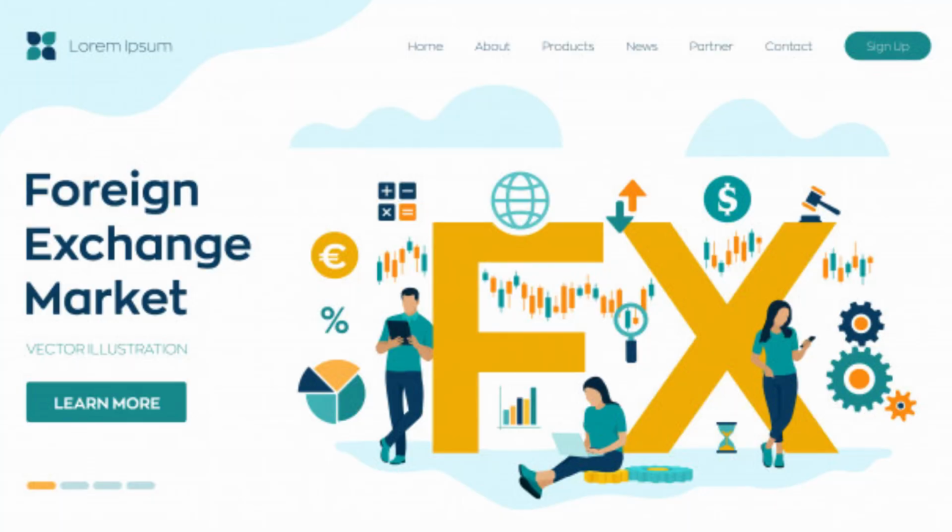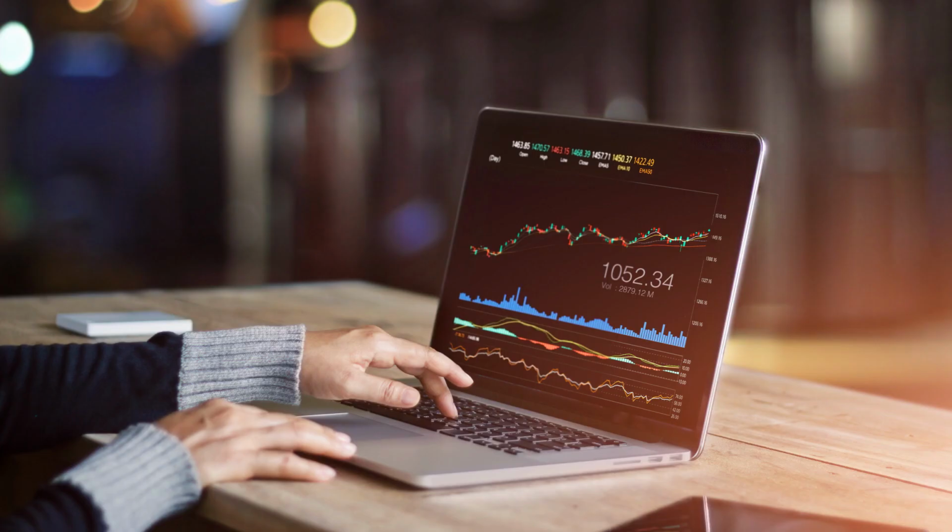Now, what is the forex market? So as we've explained, forex is foreign exchange, and the forex market is that global decentralized system where this trading takes place. Now, with the advent of technology, we have decentralized apps or platforms that allow anyone like you and me to take part in this foreign exchange or this trading.